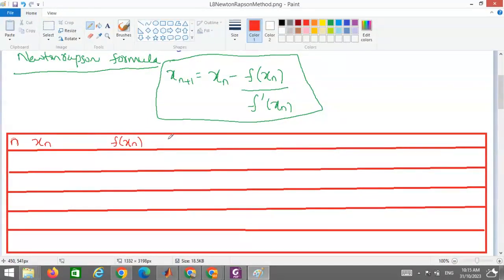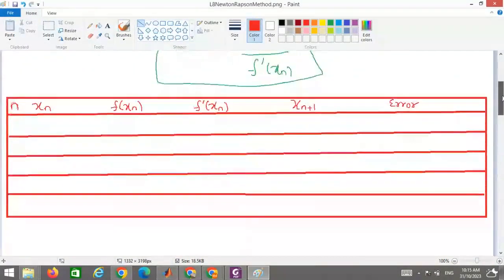Then we will write the first derivative value if you substitute the value of xn here, and then you will find the next root, which is x of n plus 1. Now it's up to you: if you are interested in finding the error also, you can find it. I'm leaving this up to you, as we have already seen many examples with error.